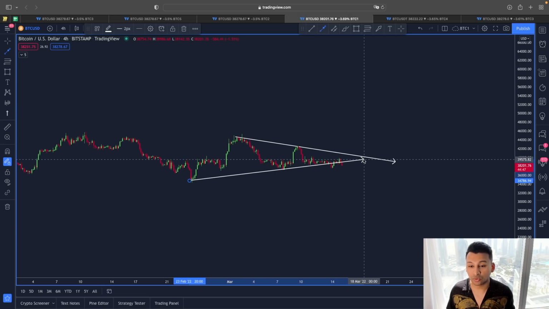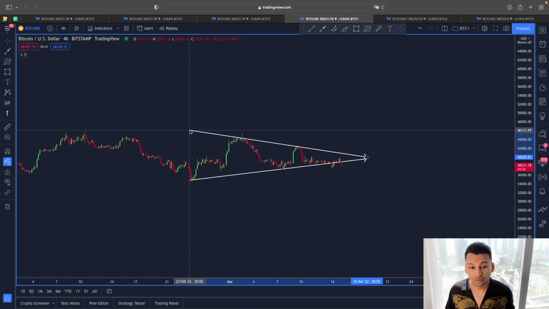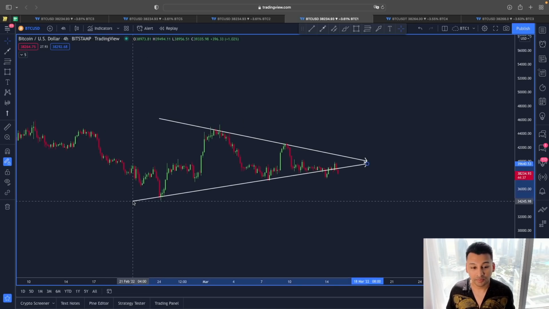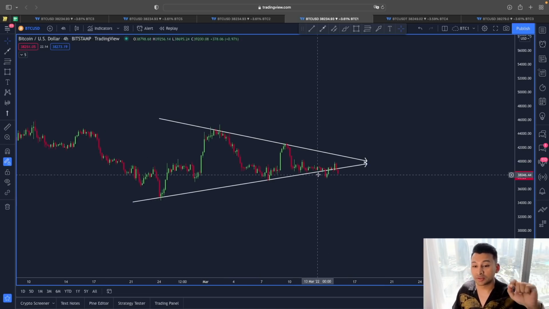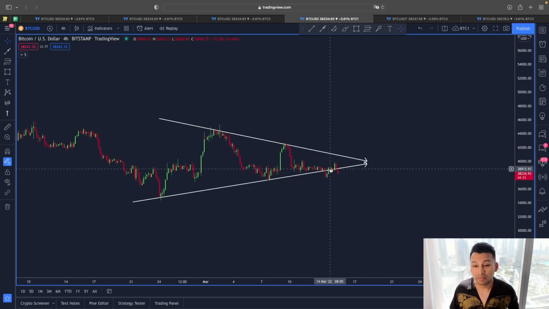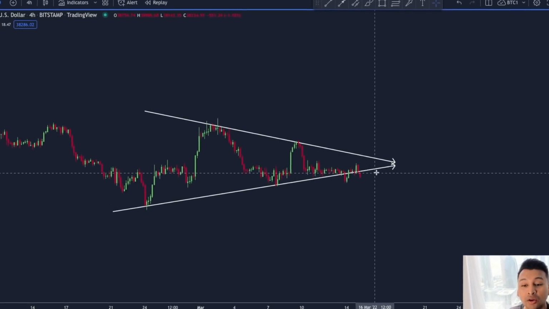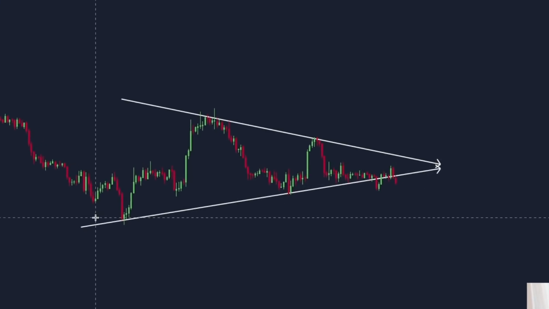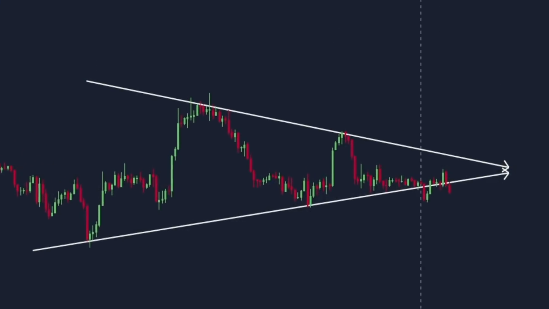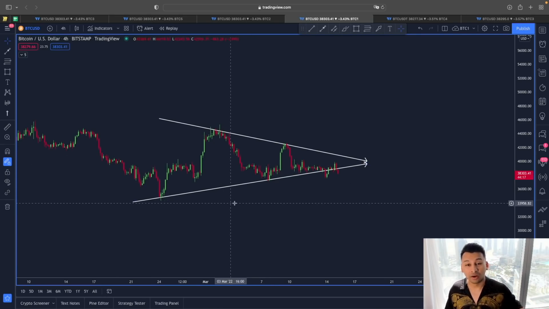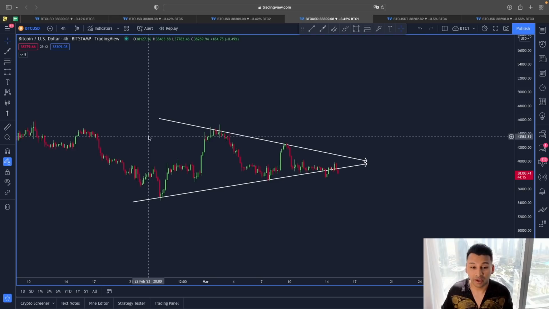And yesterday, when the price of Bitcoin was below it, this was a sign of weakness. Now, if you look at this carefully, you can see the price was below it, came back to retest it, failed to find support, and now we are again below the support line from this symmetrical triangle. So these scenarios are also not looking good for Bitcoin, losing the support from this symmetrical triangle and also the ascending triangle formation.